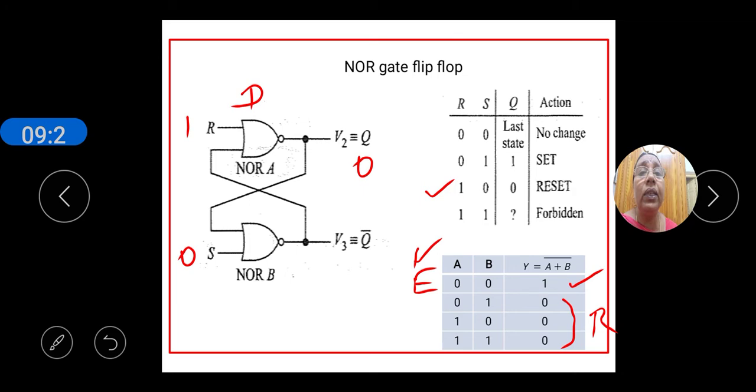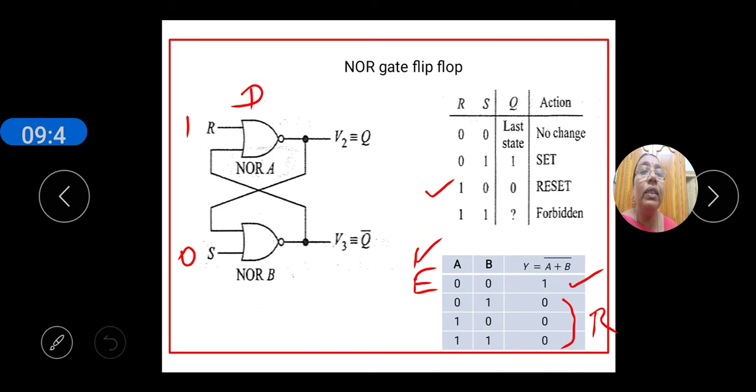Since Q is 0, the other input of NOR B is 0. So NOR B is enabled. Its output Q bar is 1. We say that the flip-flop is reset. Whenever Q of the flip-flop is 0, we say that the flip-flop is reset.